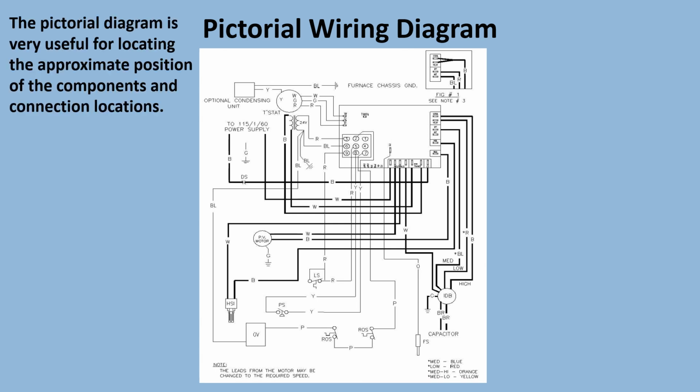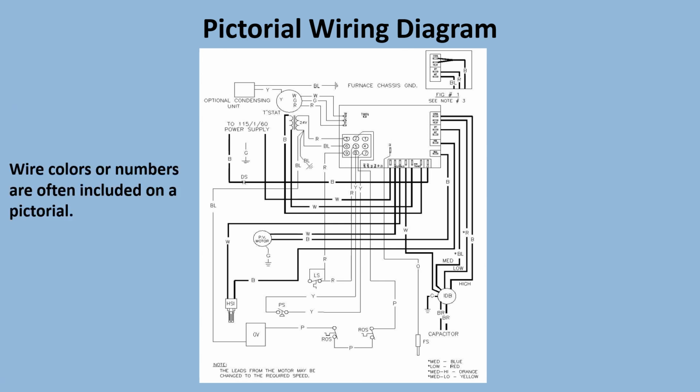The pictorial diagram is very useful for locating the approximate position of the components and connection locations. Wire colors or numbers are often included on pictorial diagrams.